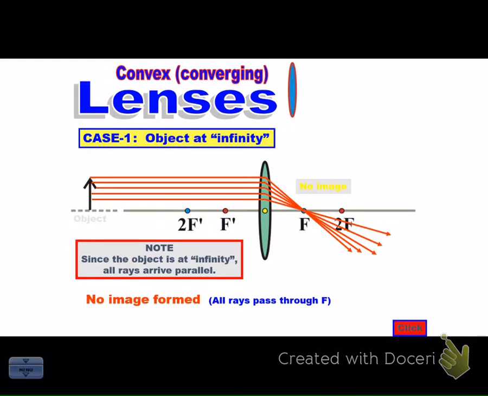It's kind of hard to explain this, but it's infinitely small, I suppose you could say. So, in essence, there is no image. If you don't get close enough to a lens, nothing gets through it, or it all gets through it at the same point, depending on how you want to look at it. Either way, there's no image when your object is super, super far away from a converging lens.